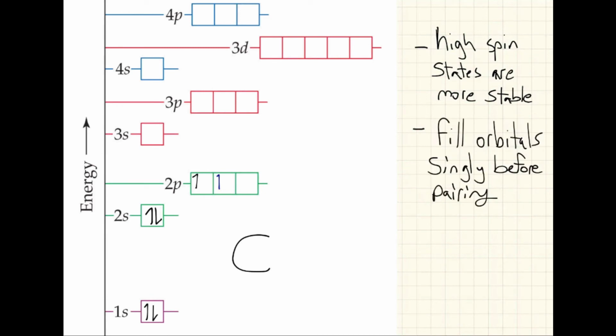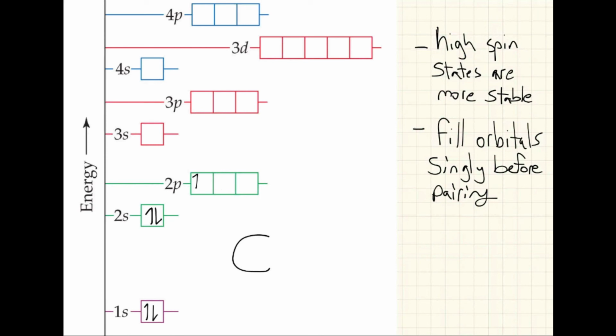Now, these rules are related in some sense, although they have distinct use cases in some respects. Notice that what I've got here so far tends to obey both of these, and that's a good thing. You want your electron configuration that you choose throughout these orbitals to adhere to all of these rules. But generally speaking, we want to fill orbitals singly before pairing.